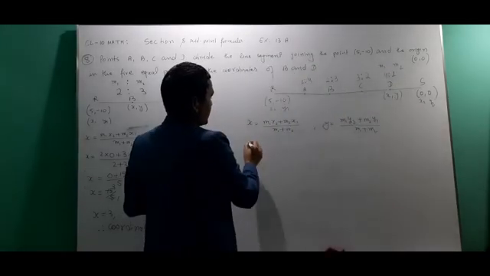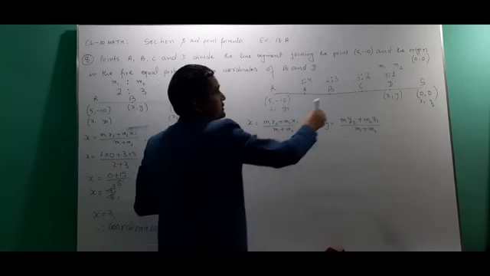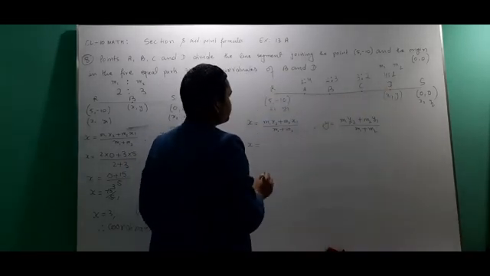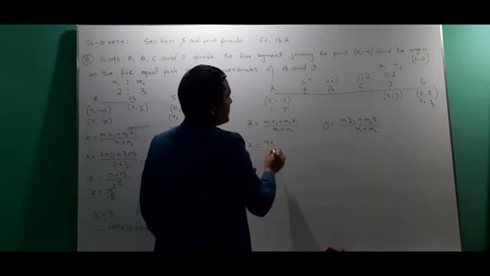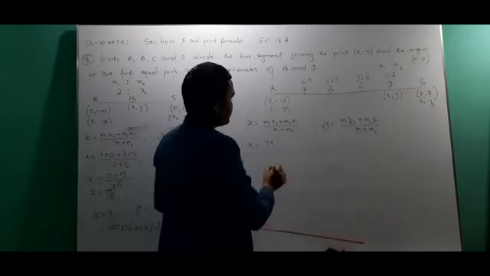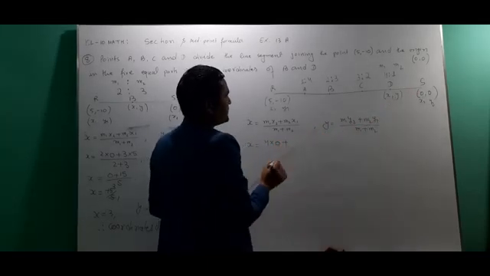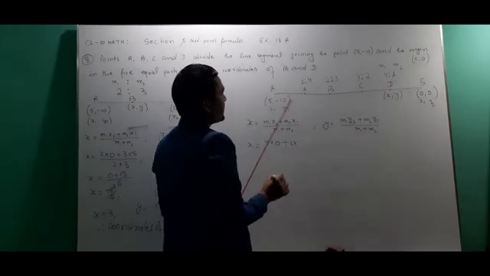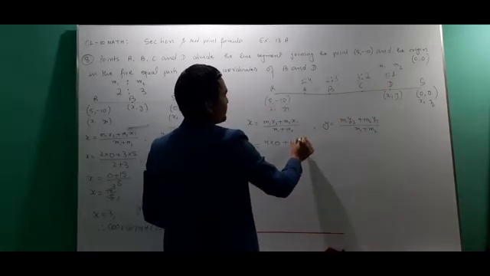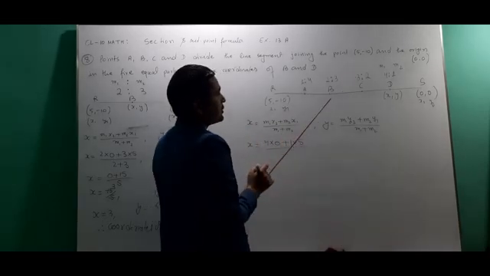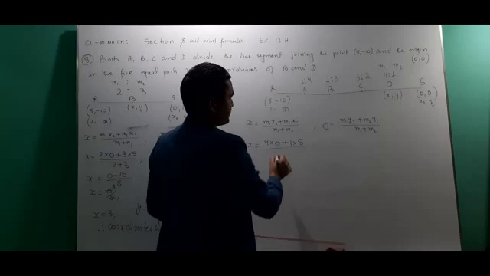Okay, x equals m1 is how much? 4. m1 is 4. 4 multiply x2 is how much? 0. Then plus, m2 is 1. 1 multiply x1 is 5, divided by m1 plus m2, 4 plus 1.